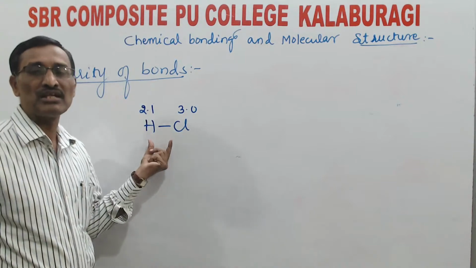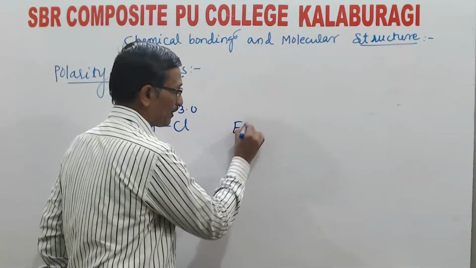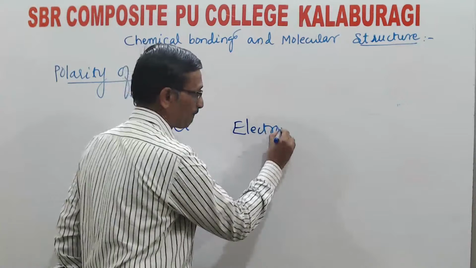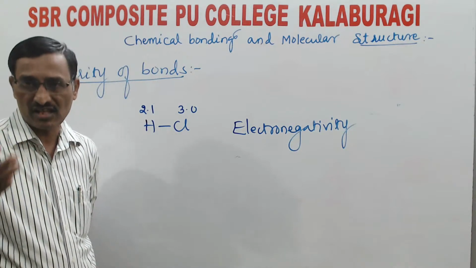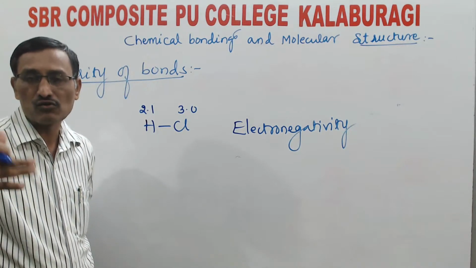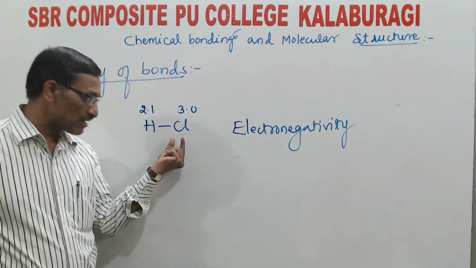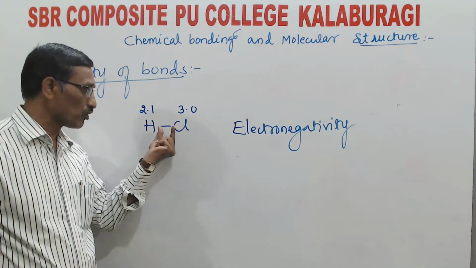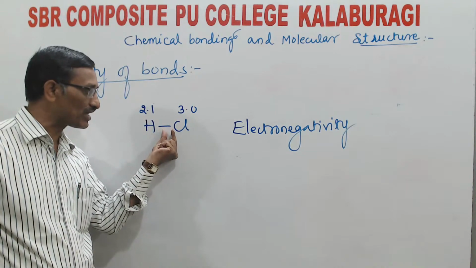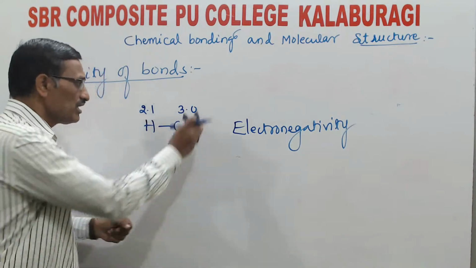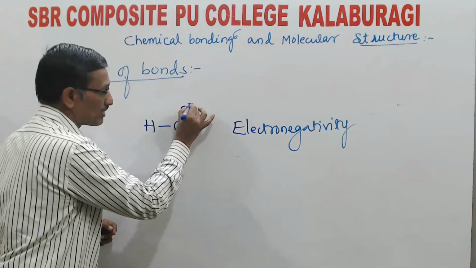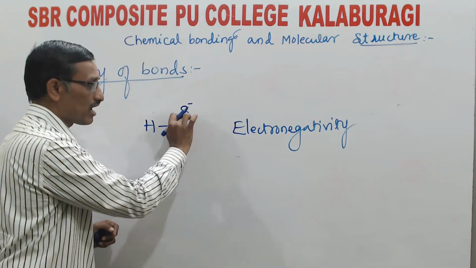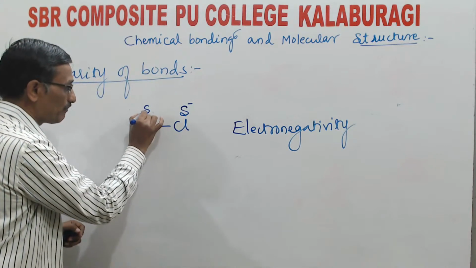You know the meaning of the term electronegativity: the tendency of an element to attract the bonded pair of electrons towards itself. The more electronegative element pulls the bonded pair of electrons towards itself. Therefore, the chlorine atom acquires a partial negative charge, delta minus, and the hydrogen atom delta plus.